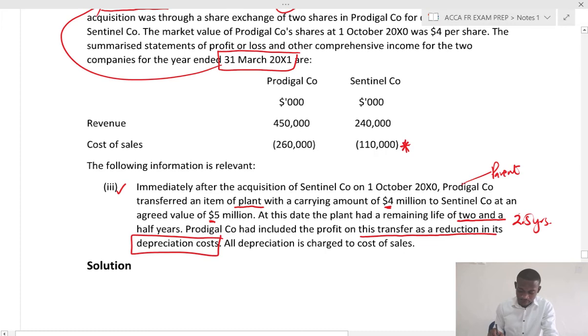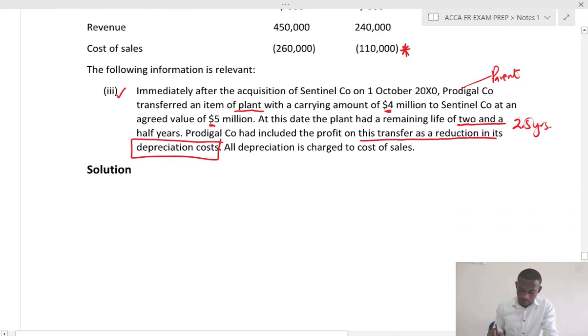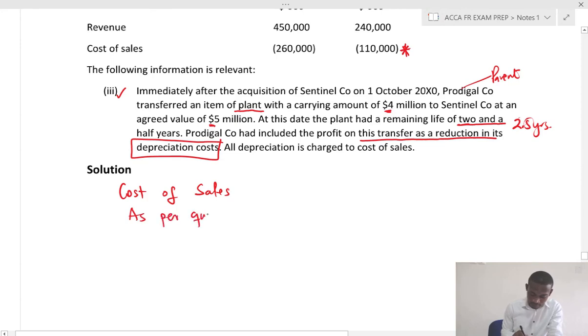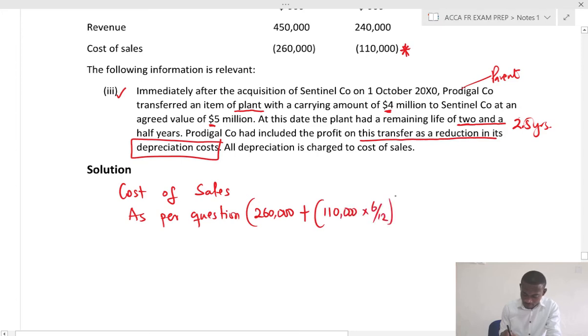So what it means is that in making the adjustment for the cost of sales, as per the question, in consolidating it, we have 260 plus 110 times 6/12, because we time apportion it.